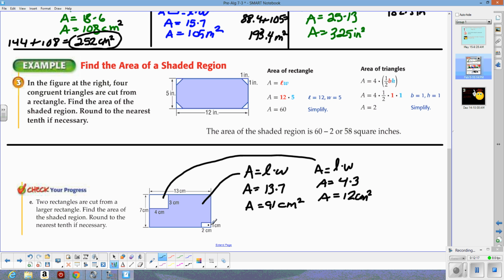And then this little itty bitty guy here, that one is also a rectangle, so it's going to be length times width again. And it's going to be 2 times, I think that was a 1, yep. 2 times 1, or 2.